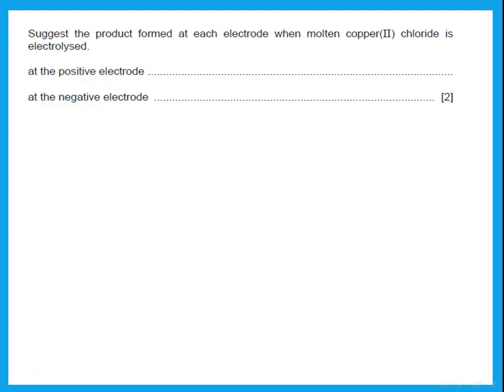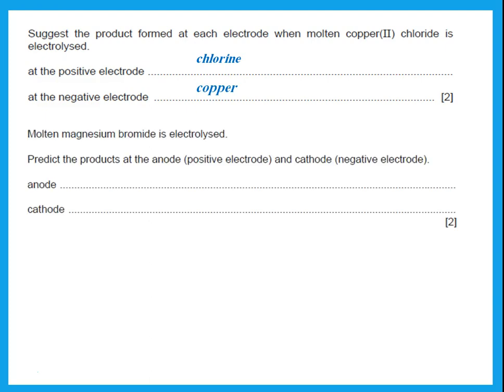Copper is the positive ion, it goes to the negative electrode, and the chloride is the negative ion, it goes to the positive electrode. Chloride is negative, it goes to the positive, but it forms what? It forms chlorine. Now the copper positive ion goes to the negative electrode, it forms copper metal.